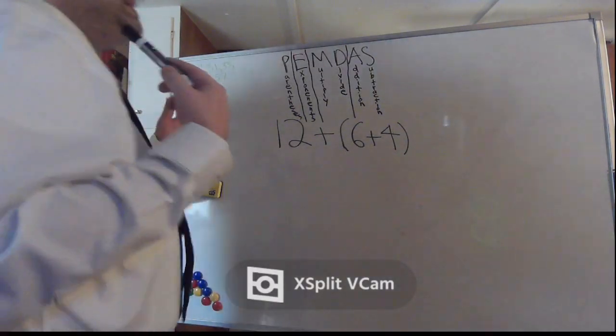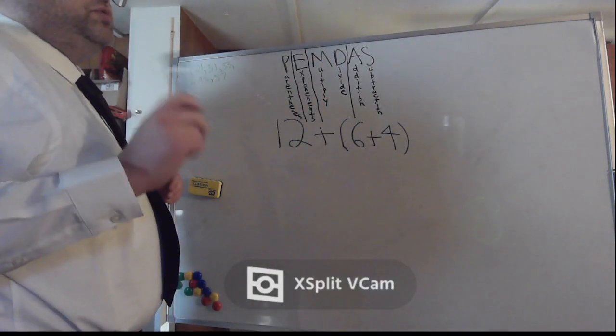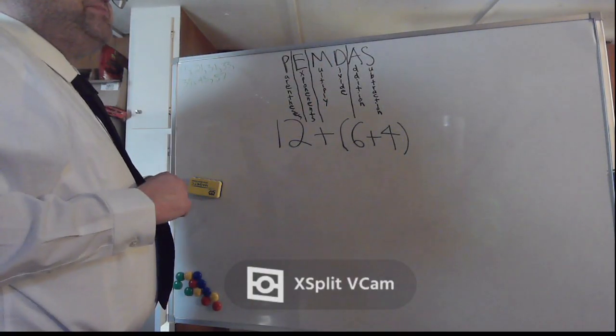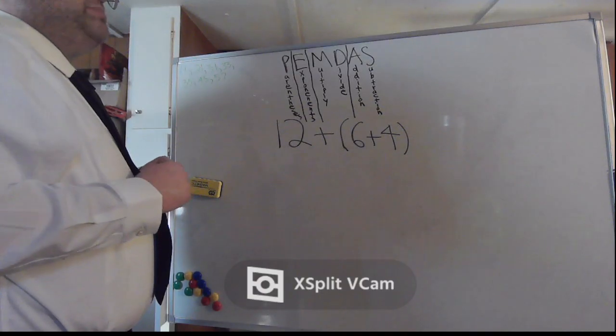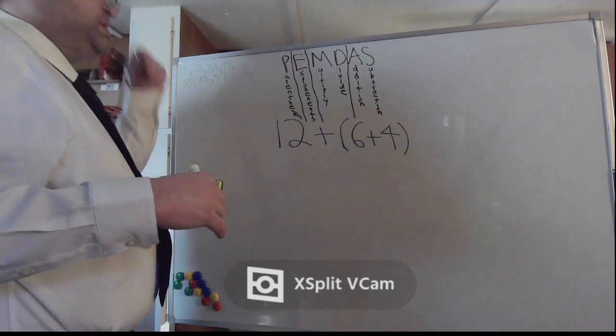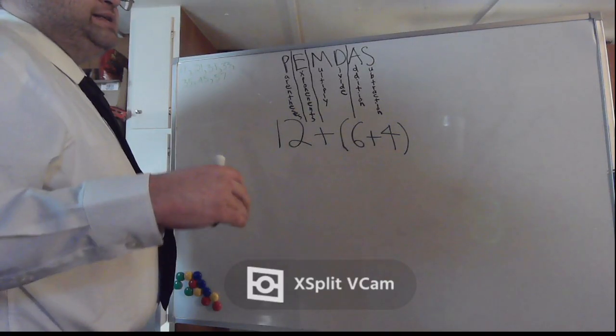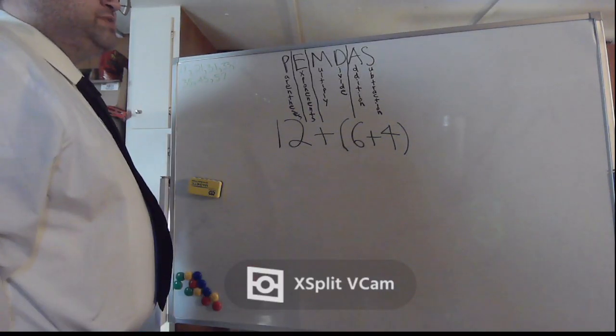It's often been taught that you have to do multiplication before division. That is not true. They're both the same priority. Because basically, when we get to fractions, I'm going to show you why they're the same priority, but when you divide something, you multiply by its inverse, by its reciprocal.